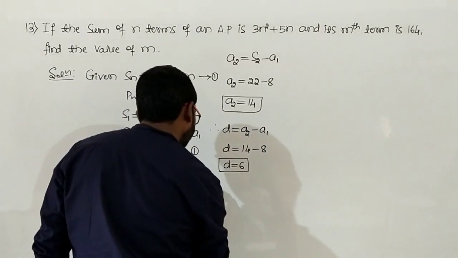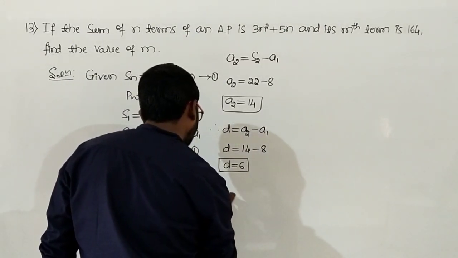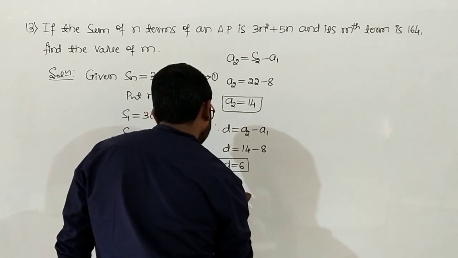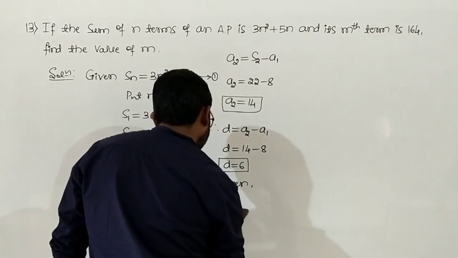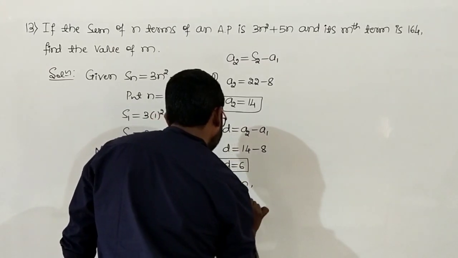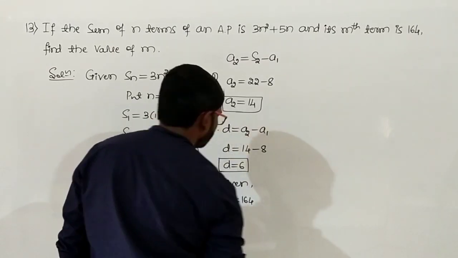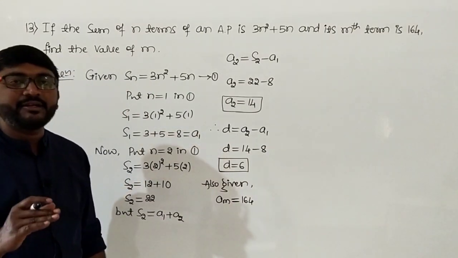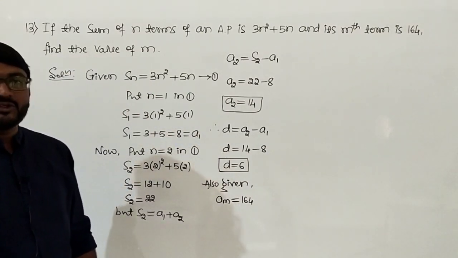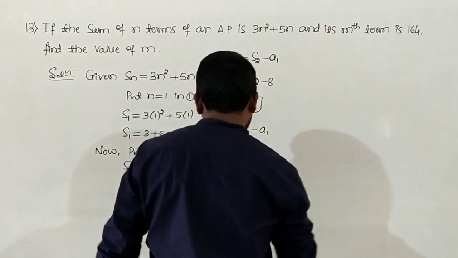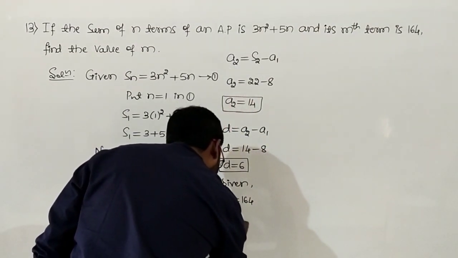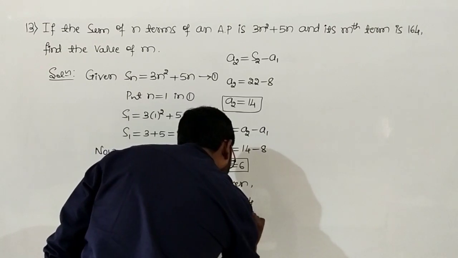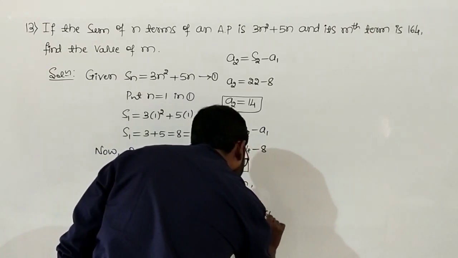Also given AM which is equals to 164. AM equal to 164. AM is A plus M minus 1 into D which is equals to 164.